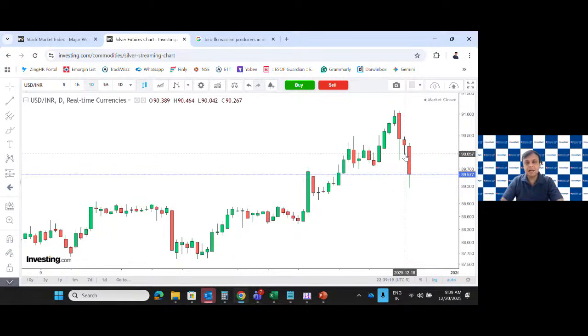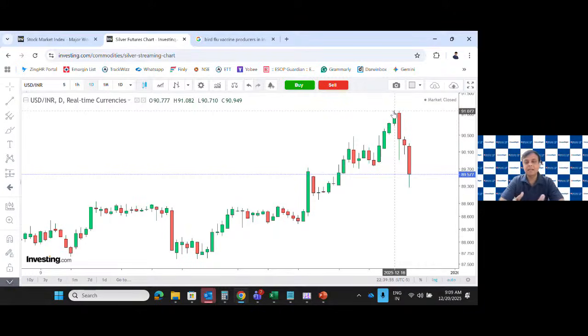And because of this recent appreciation in the rupee against the dollar, it might happen that silver and gold keep on rising in the US market and globally. But because we are a major importer of these precious metals, because of the appreciation in the rupee, the intensity of the rise in local gold and silver, I'm talking about the MCX level and Indian physical markets, will not be sharp, because rupee appreciation has started, and this is going to limit the upside for the Indian precious metals.